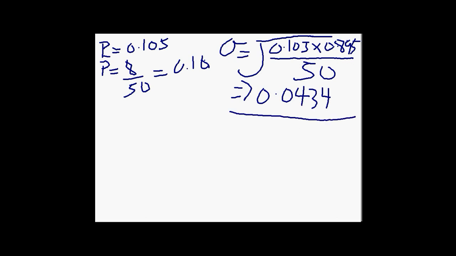So there is a standard deviation, a population proportion, and a probability of success.